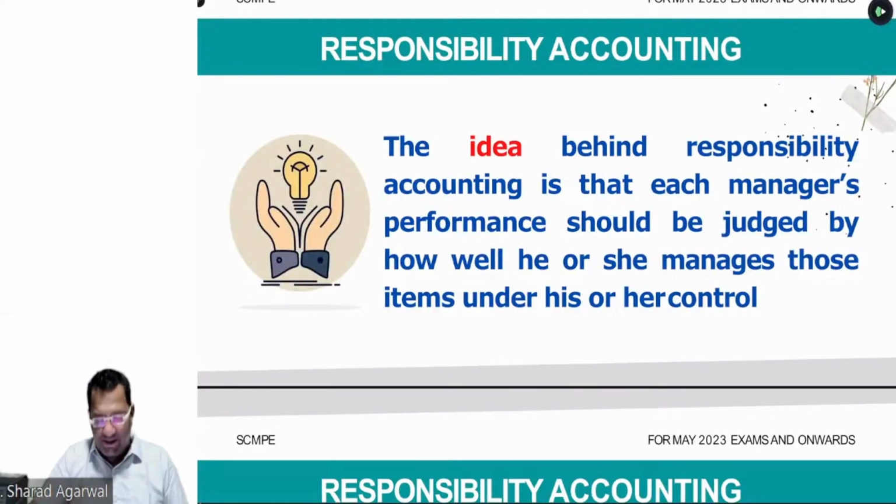Write down the second point, objective. To check how well a departmental manager has performed for those transactions which are under his control, full stop.